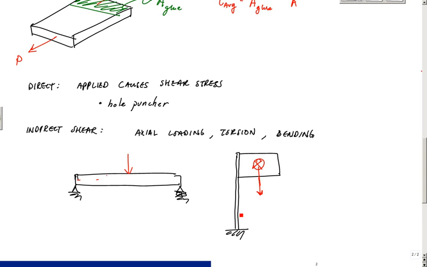And that also causes shear stresses within the pole that's holding it. Also this load right here causes bending, causes a moment reaction here that will also have shear stresses that are going to develop within the cantilever that's holding up the sign. So these are indirect shear and then direct shear.